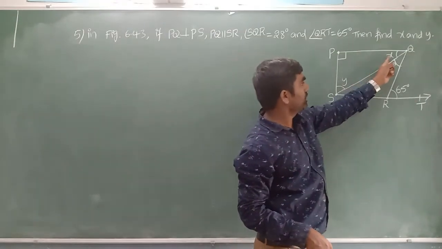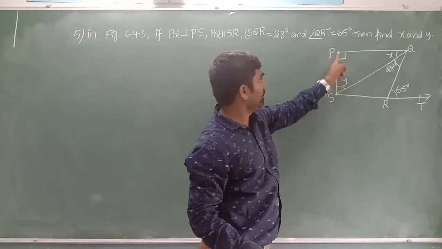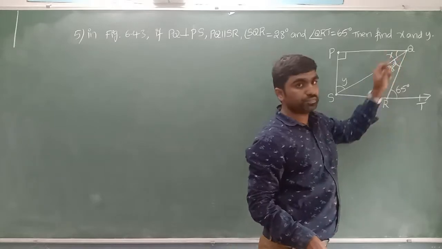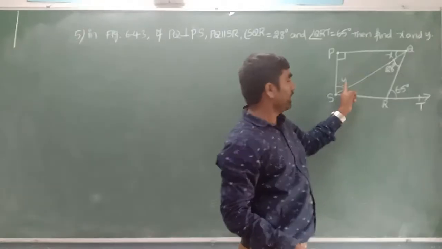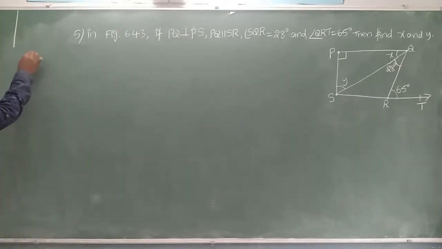Here you can see x is nothing but angle PQR, and y is nothing but angle PSQ. They are asking to find the values of x and y. So first let us write the given data.